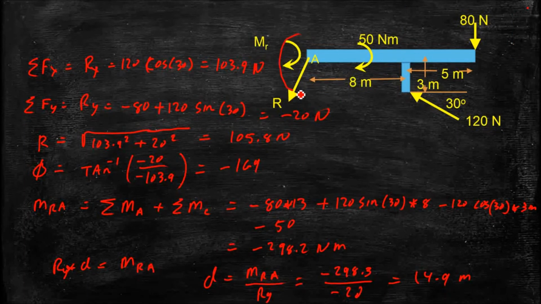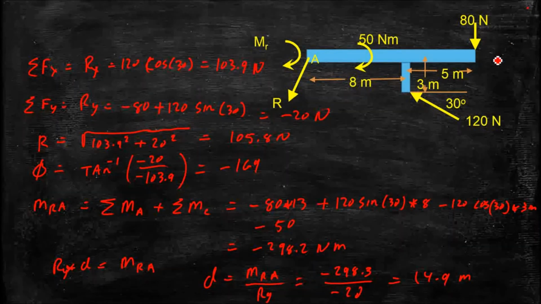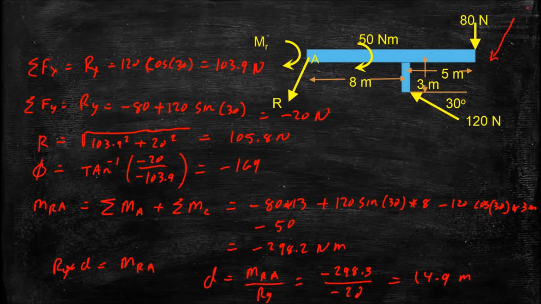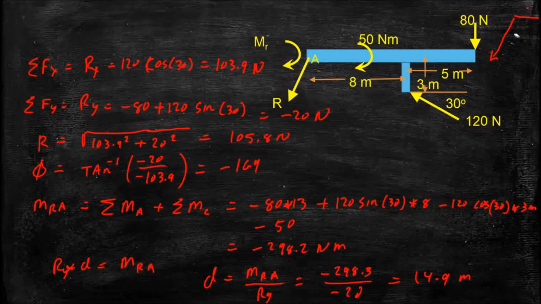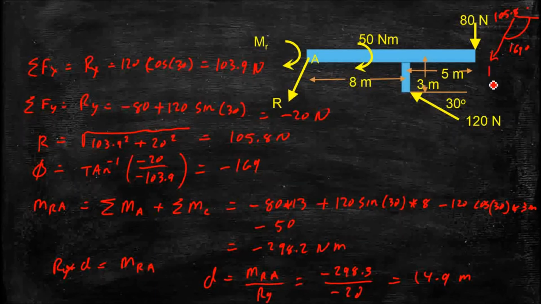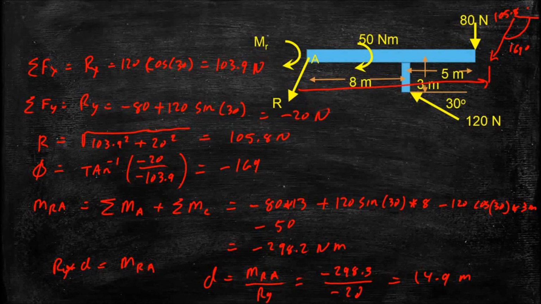So I'm going to take this moment and force that I'd calculated previously, and I'm going to replace those with a single force with that magnitude of 105.8 and an angle from our axis here. Well, let me move some things here. This angle here we calculated to be 169 degrees, and the magnitude of this was 105.8, and it's applied at a distance of 14.9 meters.